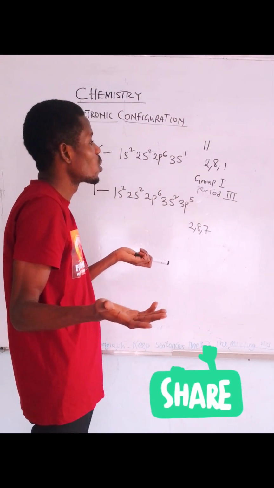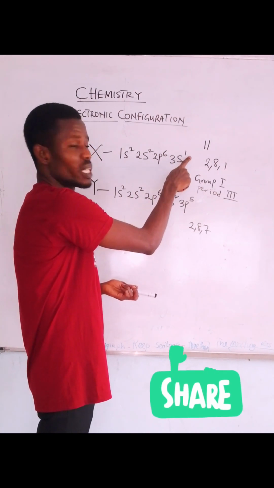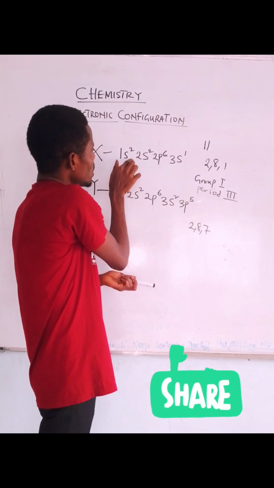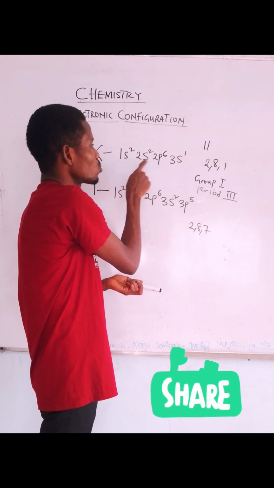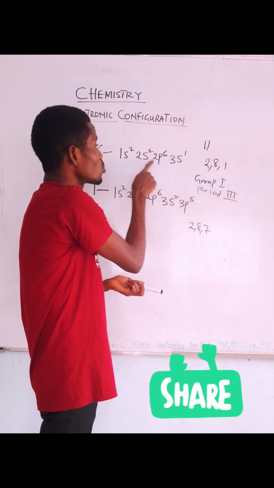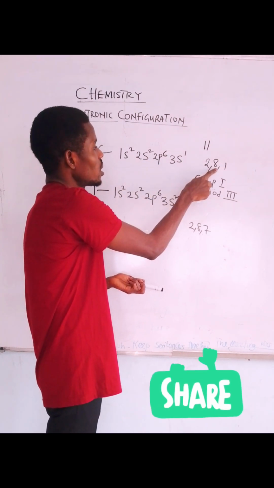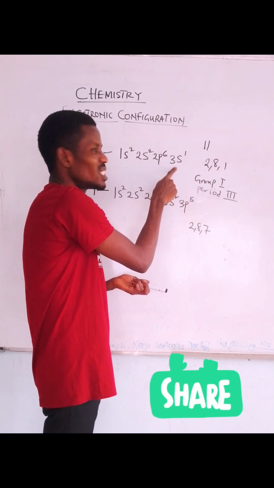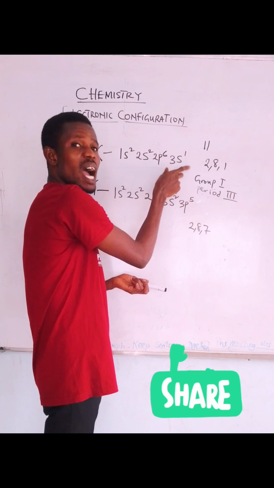Simple, very simple. The group, just as I told you now: if you look at it, this is 1, the first shell. This is the second shell, because they have the same energy level, that's 2, 2. Forget about the atomic orbital; they are in the same shell, that is the 8. Then you have 3s1, which is another orbital with a higher energy level.